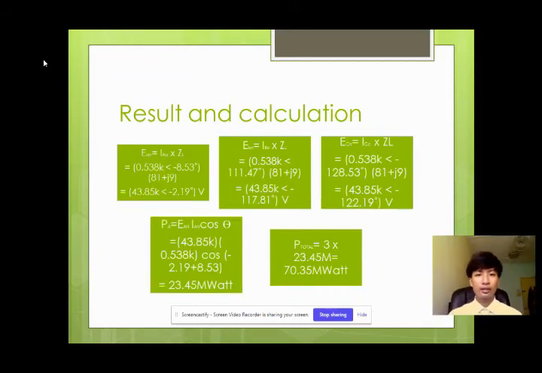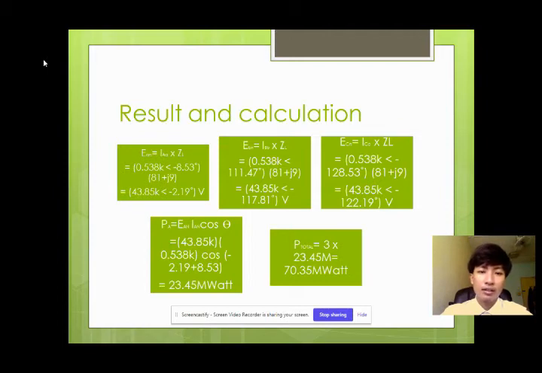So for the other result and equation, the formula of EAN is equal to IAA times ZL, which is equal to 0.538 kilo angle negative 8.53 times 81 plus j9, which is equal to 43.85 kilo angle negative 2.19 voltage.